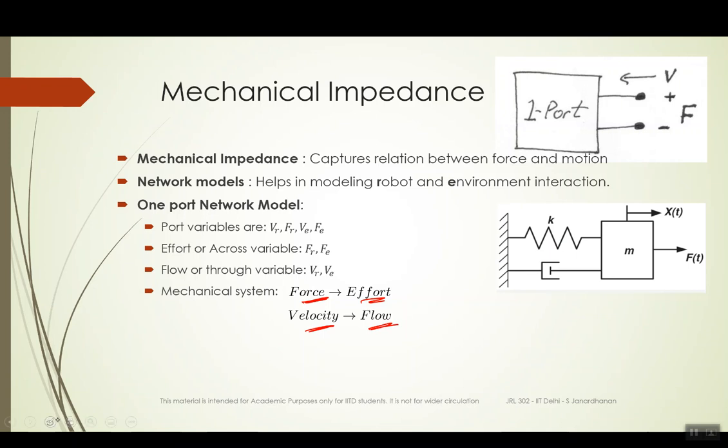Now let us see this case, in which you have a mass, a damper, and a spring. The mass is going to affect the derivative of the velocity. The amount of force in the damping depends upon the velocity itself.